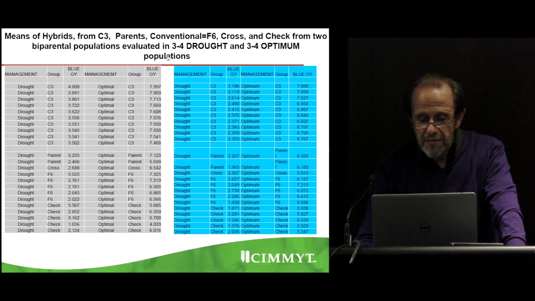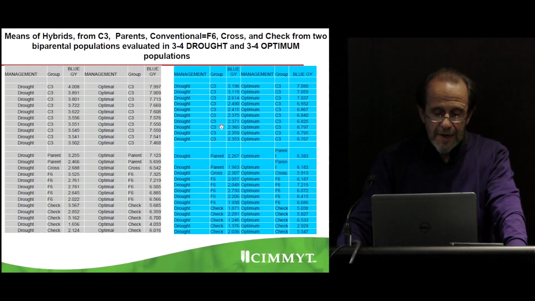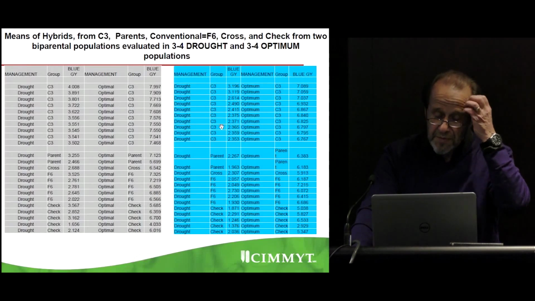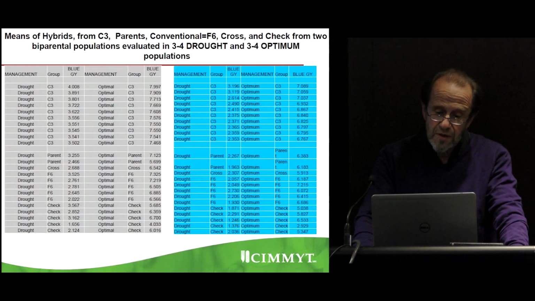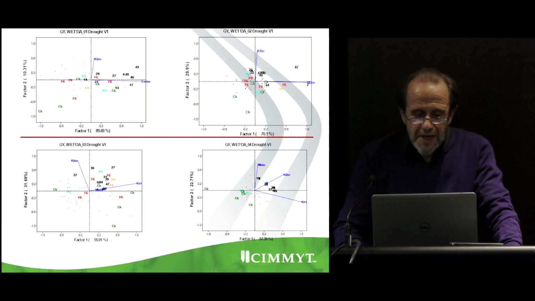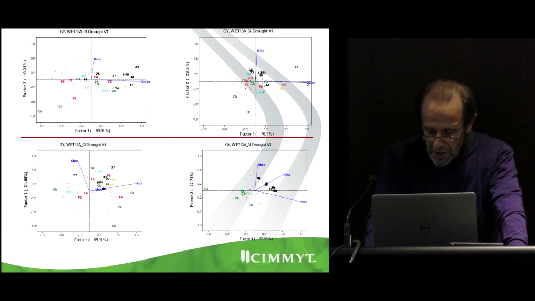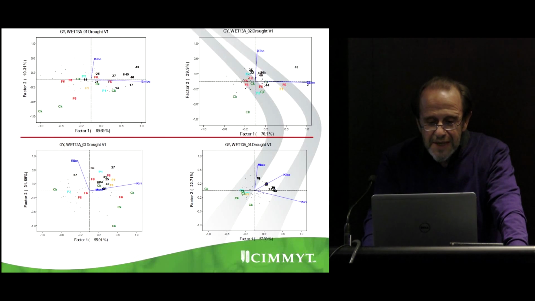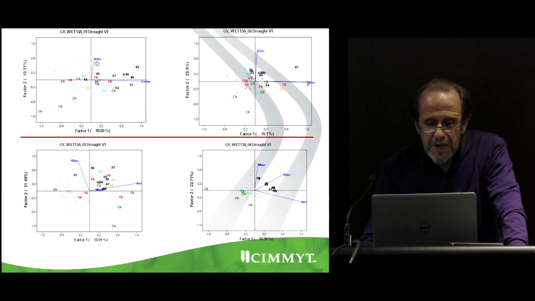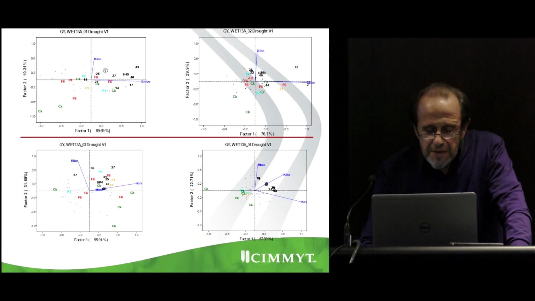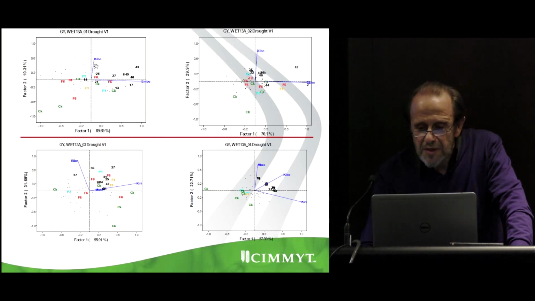For this population and for this population, the top hybrids were coming from the C3 genomic selection. Very interesting to see the stability and the high yield of these lines for this particular population. And these are 2 or 3 sites under drought.